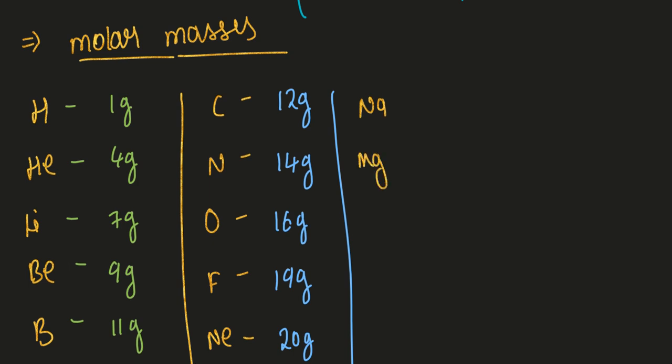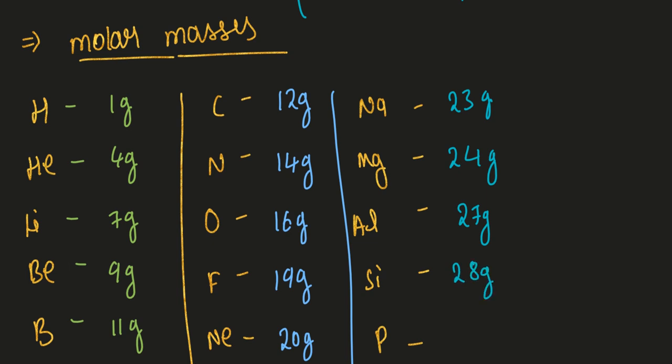Sodium, magnesium, aluminium, silicon, phosphorus. What is the molar mass of sodium here? 23 grams. Magnesium, 24 grams. Aluminium, 27 grams. Silicon 28 grams.